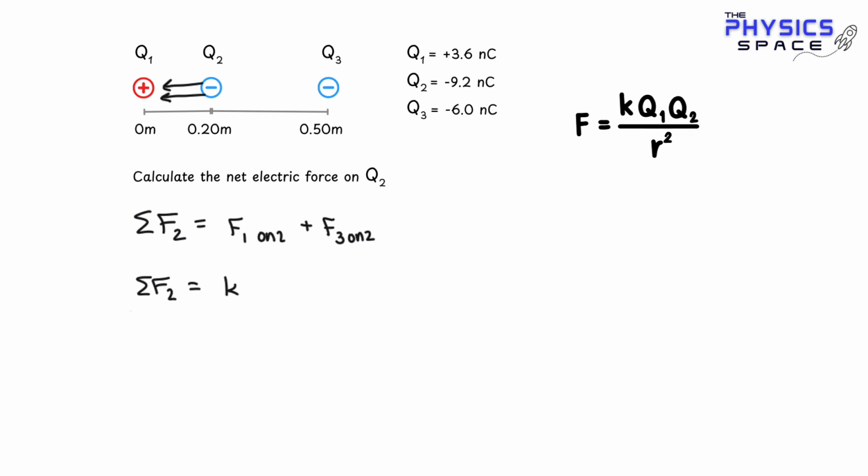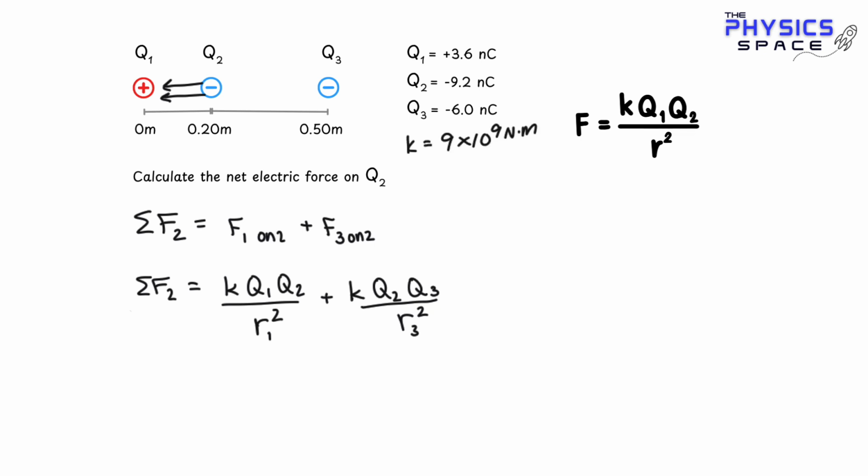So we have our constant K. We're going to multiply charge 1 times charge 2 and divide by the distance from charge 1 to charge 2 squared, and add that to K Q2 times Q3 divided by the distance from charge 3 to charge 2 squared. And again, our constant K, I'm going to round up a little bit here. We're just going to use 9 times 10 to the 9th newtons times meters squared per coulomb squared. And we are going to plug all those in.